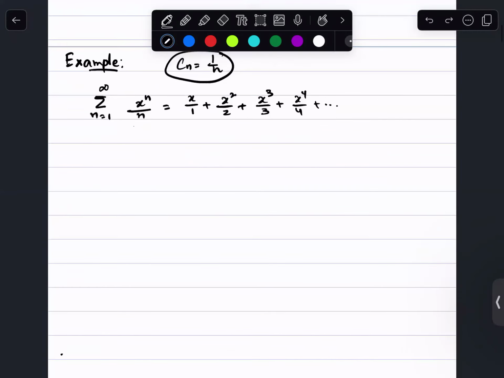Now the question is, for which values of x does this series converge? So let us try to take some explicit discrete values and see what happens. If I choose x to be 2, then my series becomes 2 to the n over n, starting from 1 going to infinity. And this diverges, right?